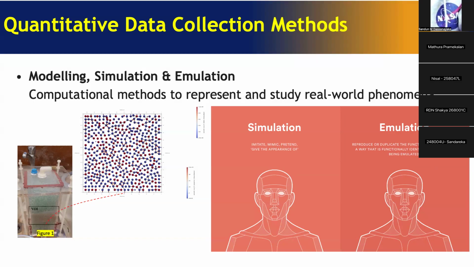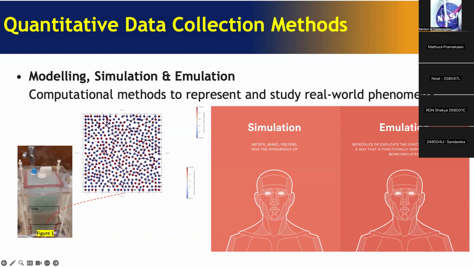What is emulation? In the case of emulation, you produce exactly that system. These are mostly found in computer systems. If you look at a computer, we have a RAM, a CPU, a computer monitor, inputs, and all these things.